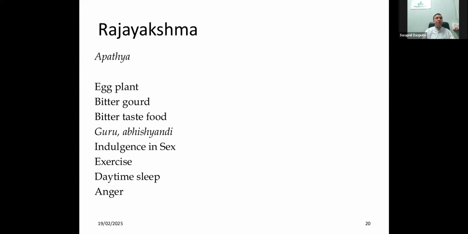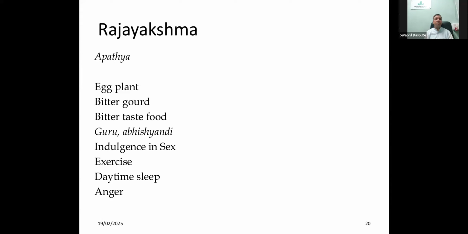Exercise is apathya. We saw daytime sleep can cause srotorodha, so it should be avoided. When we say rest, if the patient has to sleep in the daytime, you can tell the patient to sit in the chair and sleep or rest.